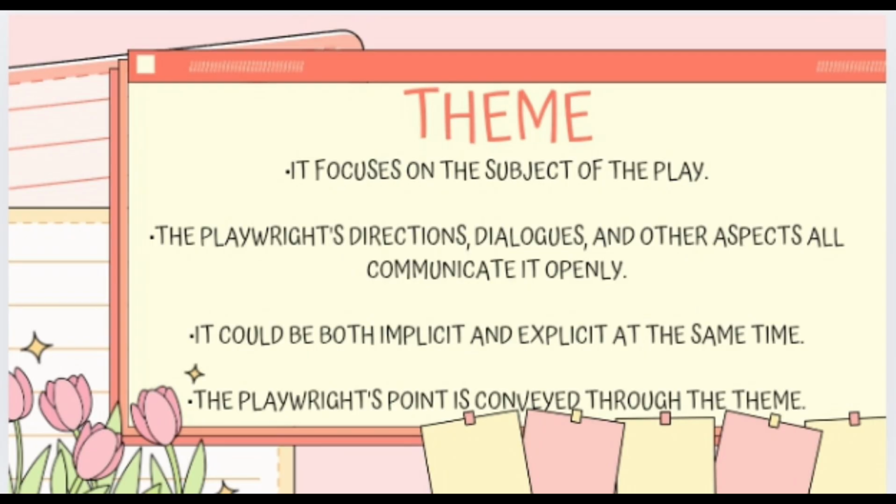The playwright is the person who wrote the play and uses stage directions, dialogue, characters, and plot to express the theme. Also, the theme can be explicit, meaning it is clearly stated, or implicit, meaning it is suggested or hinted at, or sometimes it is both implicit and explicit.